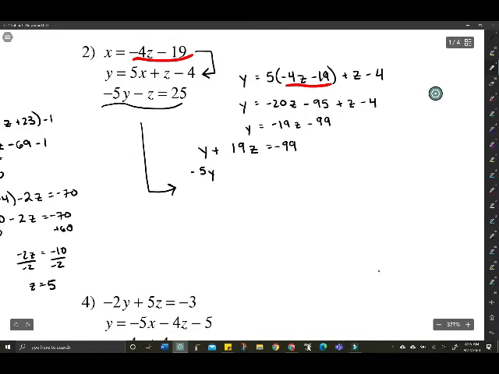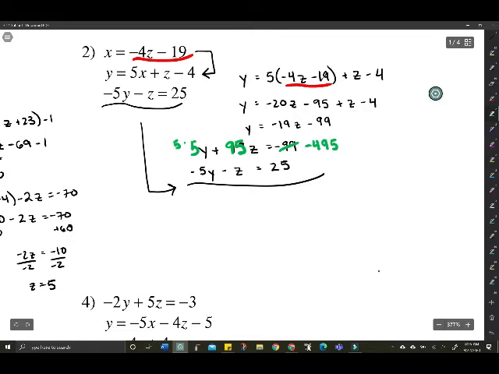So negative 5y minus z equals 25. Elimination, let's multiply. I can multiply the top by 5. So that would make this 5y. 19 times 5, again, 95. And negative 99 times 5 is negative 495.